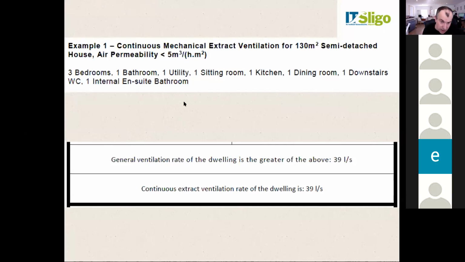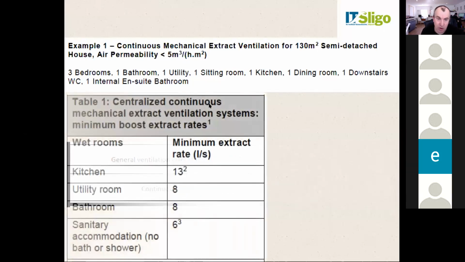We're now moving on to stage 2 of this process, where we have to work out, because we've got wet rooms here, how much air needs to be pulled out of those wet rooms to stop there being condensation in those rooms. And this, from table 1 of the TGD part F, is the calculation and numbers to do that.